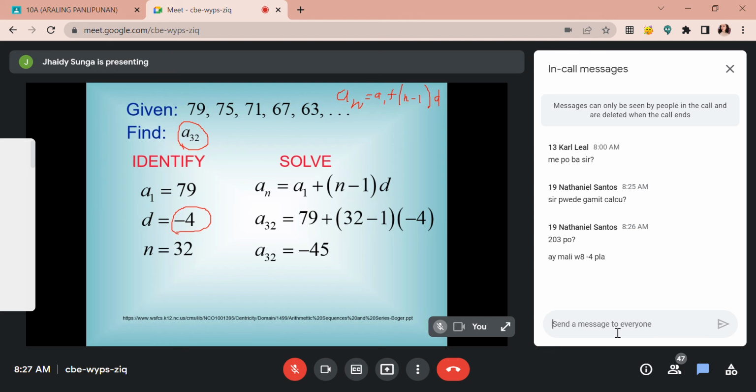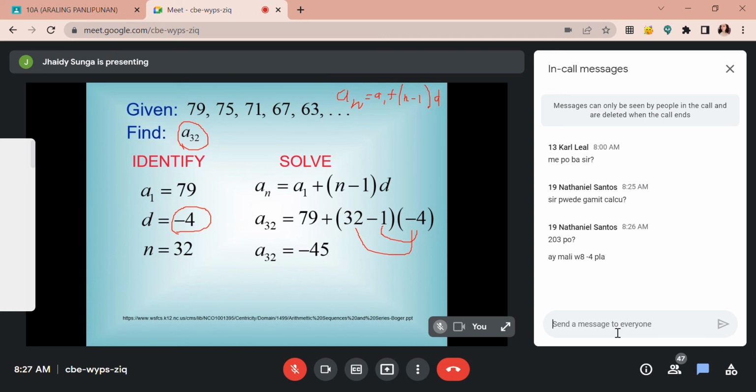Then we substitute the first term, 79, then the n again, then the common difference. Times negative 4 to 32, then we multiply 1 to negative 4.